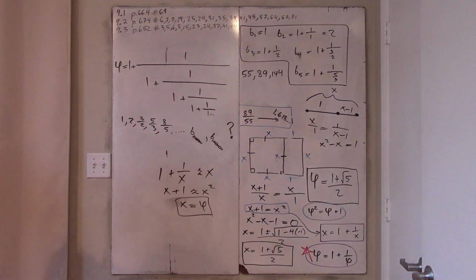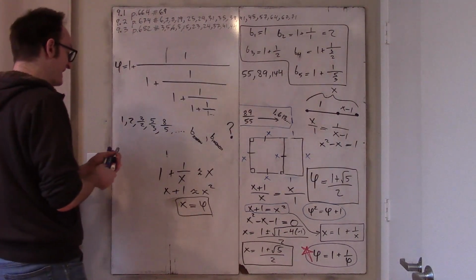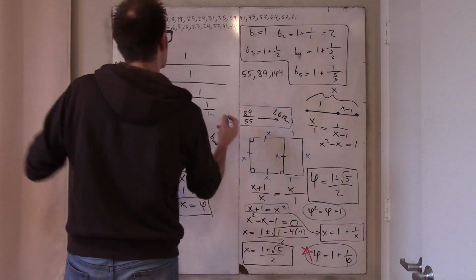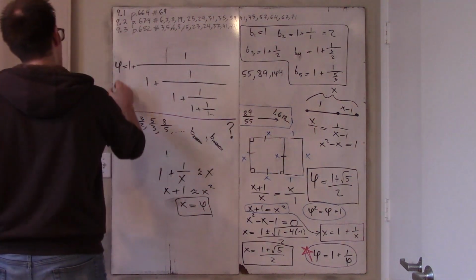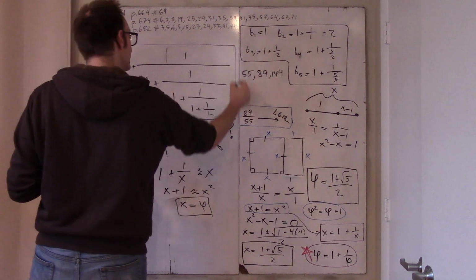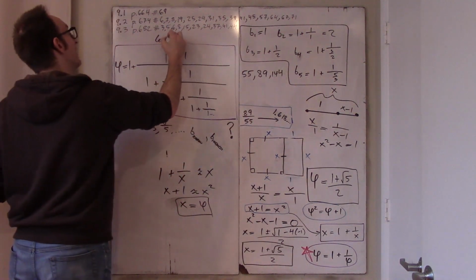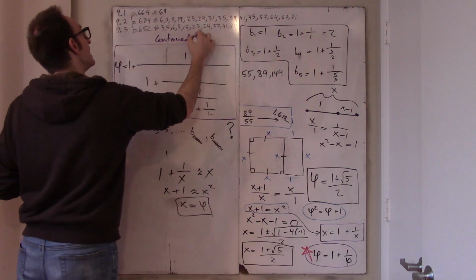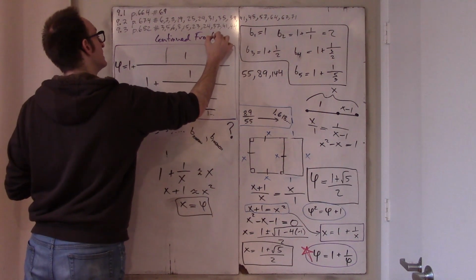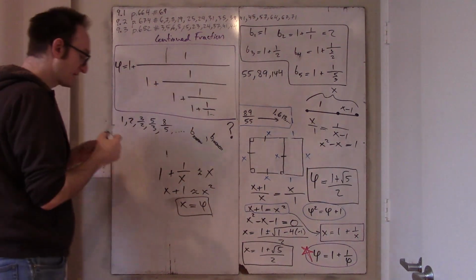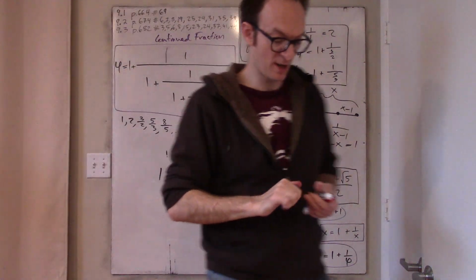Okay, having proven all that to you, the last thing to say is that this is a kind of infinite fraction. It is called a continued fraction. And this thing that we see here is the continued fraction expansion for phi.